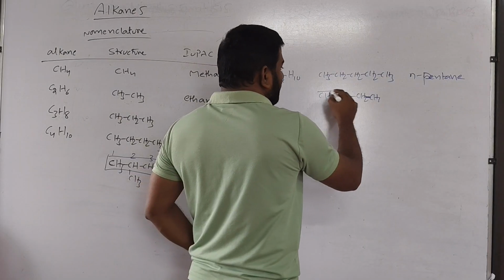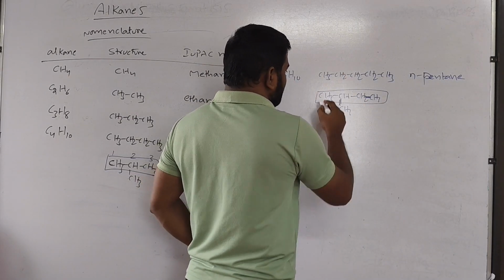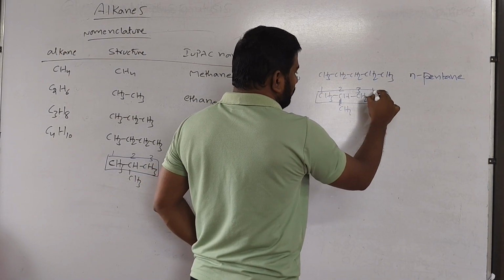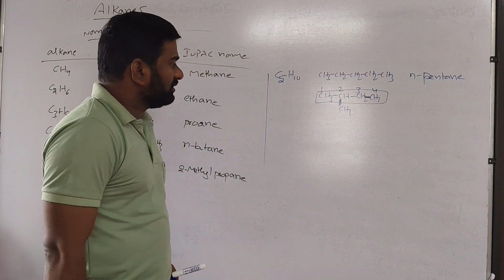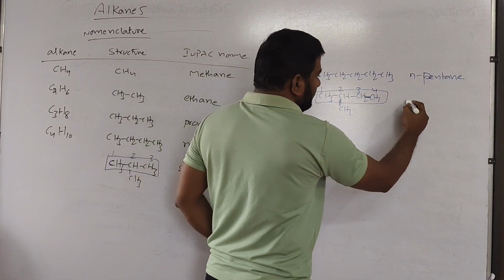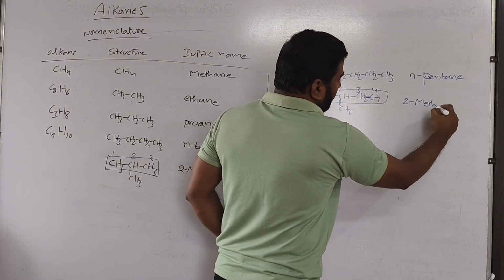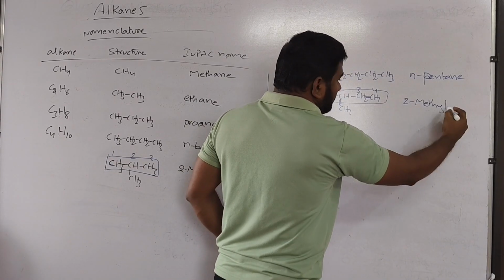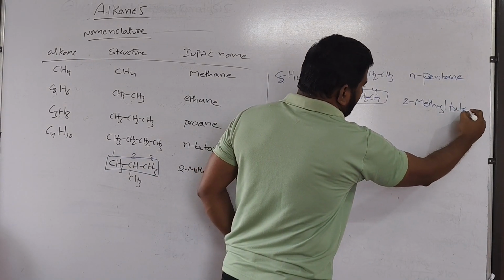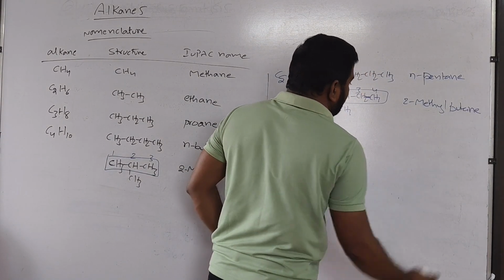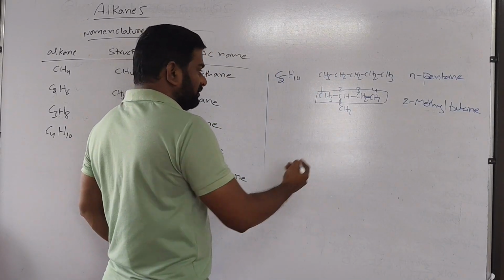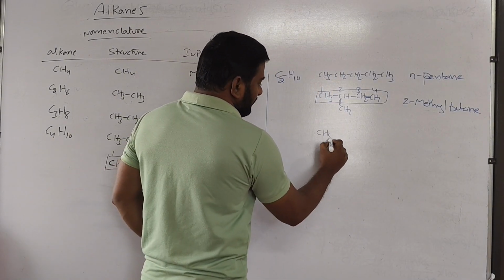This one is the longest chain; numbering 1, 2, 3, 4, at the second position a methyl group is there, so 2-methyl, and the longest chain has 4 carbons, so butane. 2-methylbutane will come.